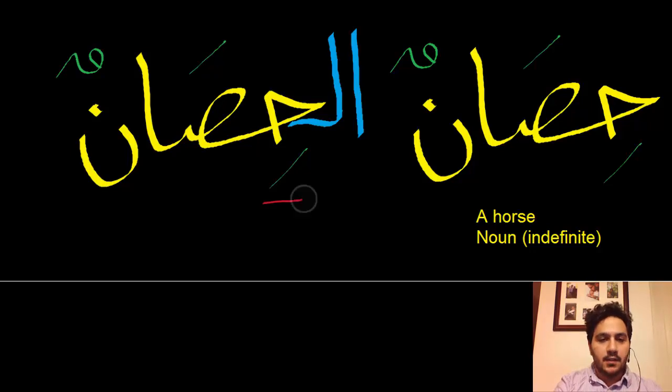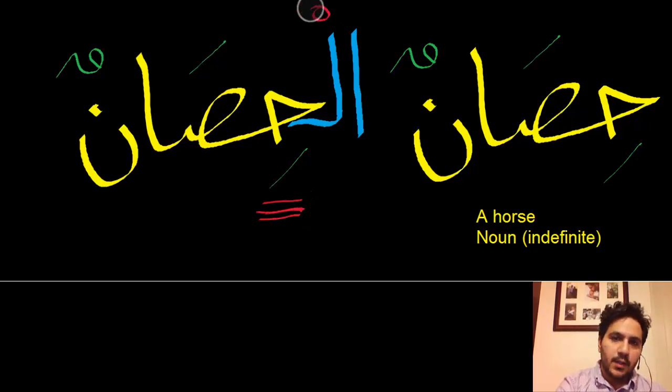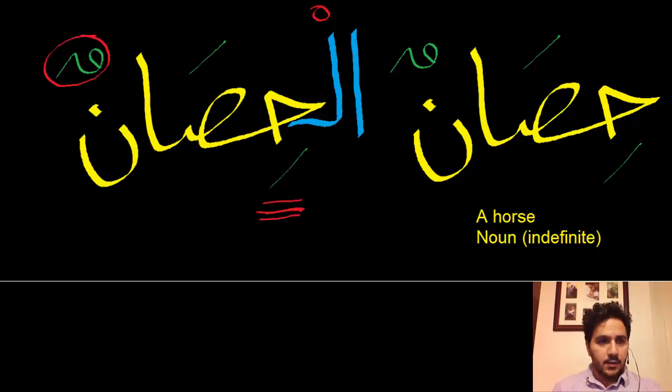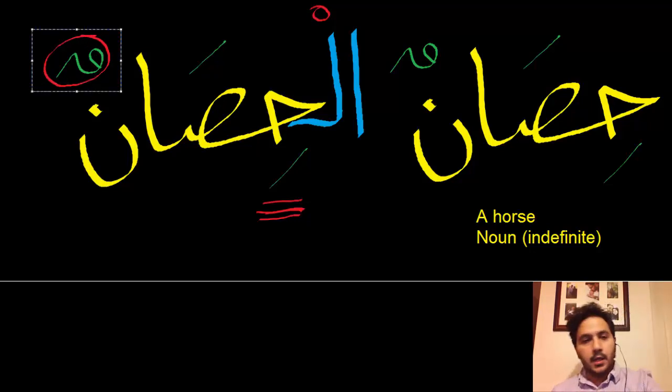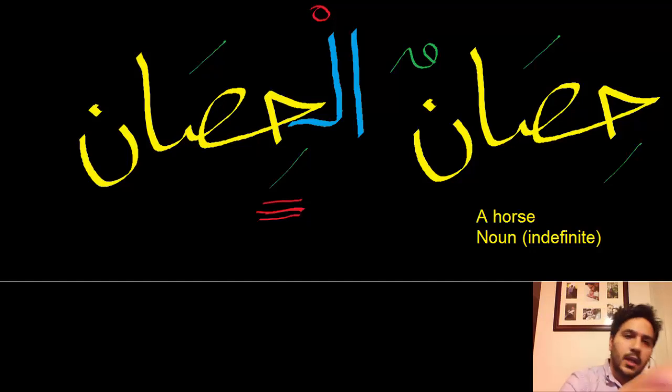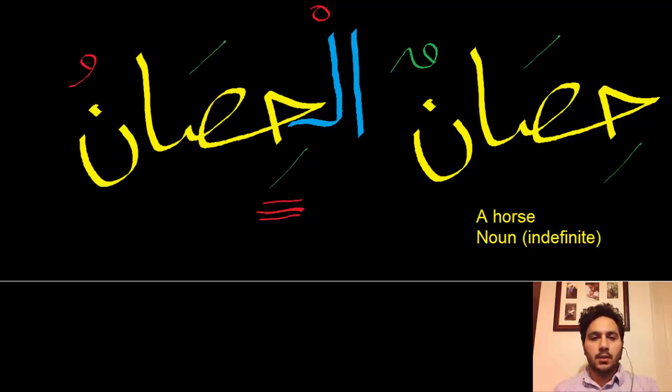In this case, it's a moon letter. So we put a sukoon on the lam. And finally, the last thing we have to do is eliminate the tanween. So we take the tanween away, and what we're left with is a dhamma. So we went from hisanun to al-hisanu.